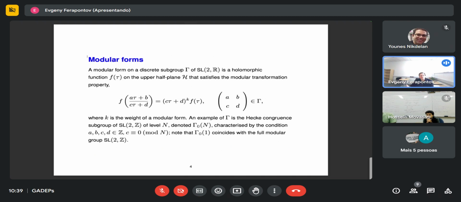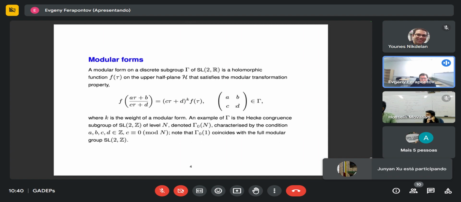Okay, so this is what you know, but let me go through this still, sorry about this. A modular form of weight k satisfies this equation, where A, B, C, D belong to SL2Z, or a certain discrete subgroup of SL2R.